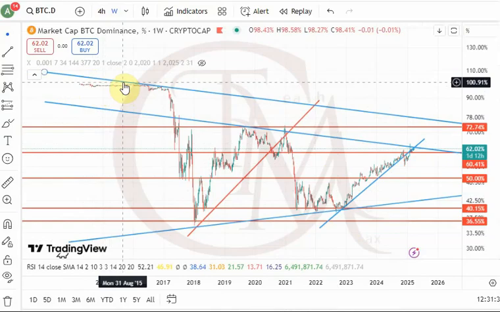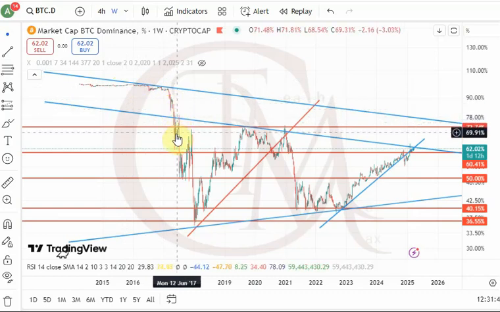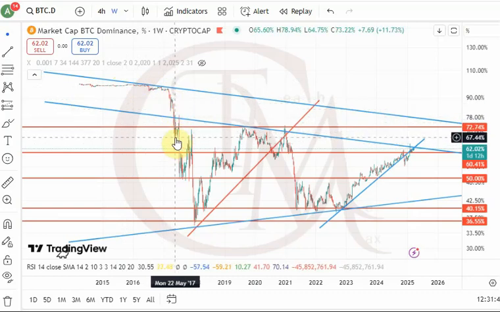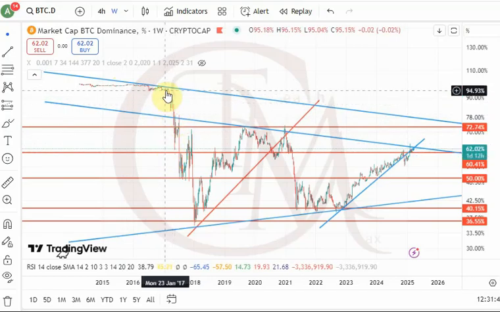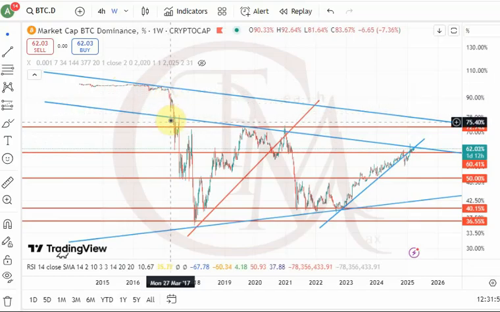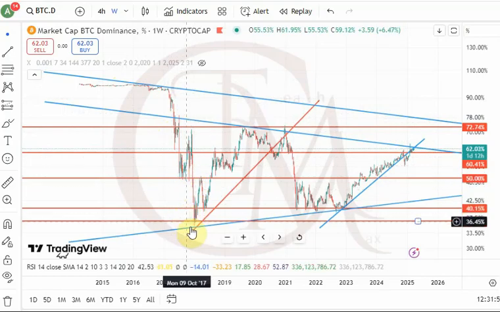However, with the entry of other cryptocurrencies, Bitcoin's share of the market has gradually decreased, and buyers have turned to other currencies and altcoins. The first historical drop occurred in 2017, during which Bitcoin dominance fell from 94% to 35%. This date also almost coincided with the beginning of the increase in the price of Bitcoin, which rose from $1,000 to $20,000.